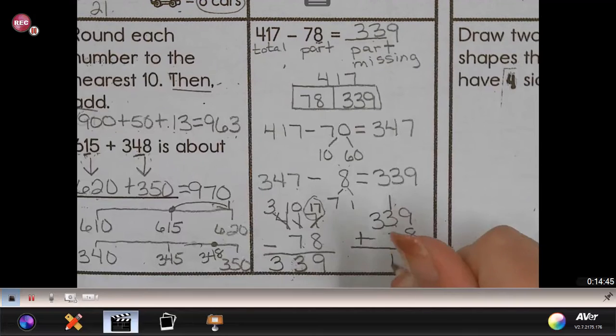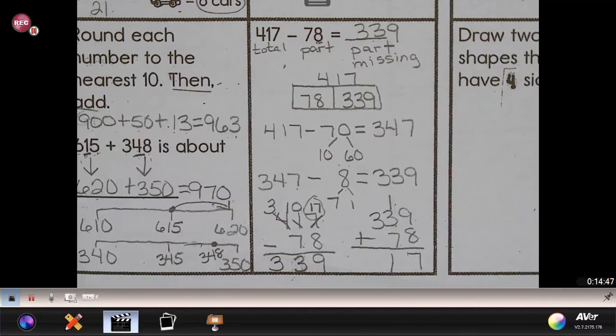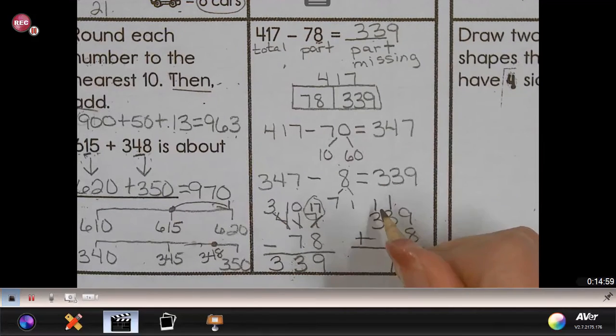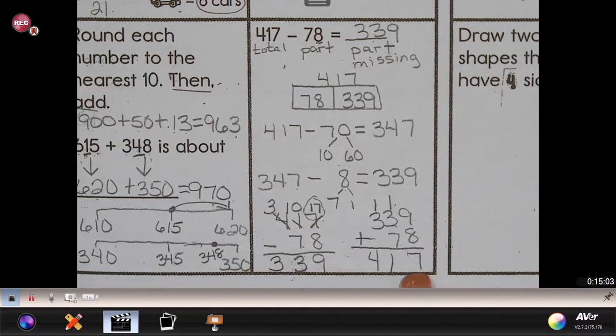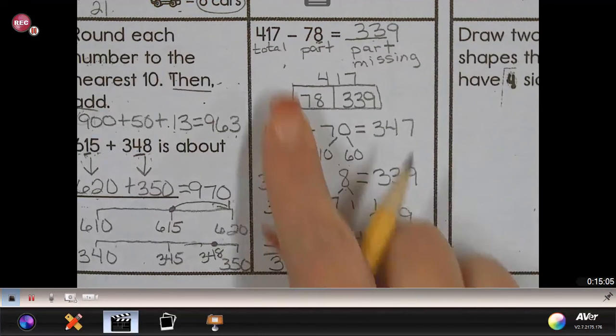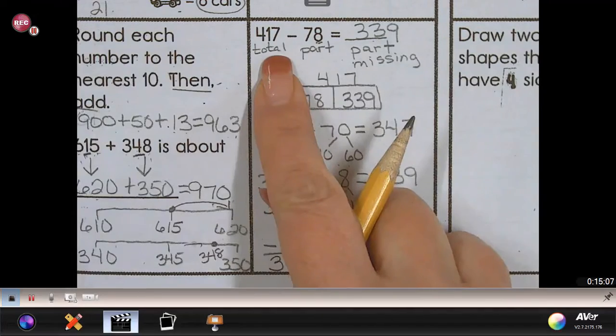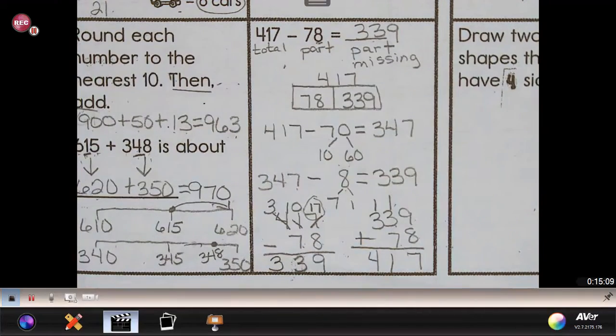So I can leave that 10 here in the tens place, but I regroup the 100 into my hundreds place for my 110. So 300 plus 100 is 400. That tells me my total that I started with here at the beginning of my equation.